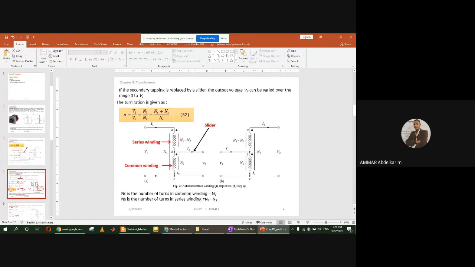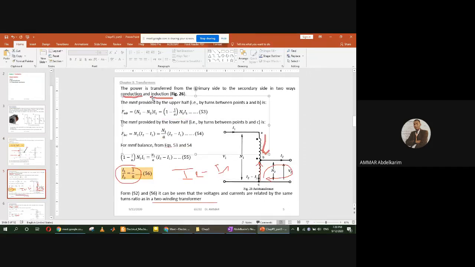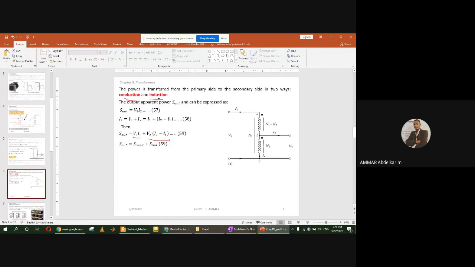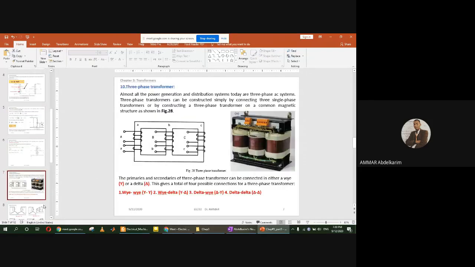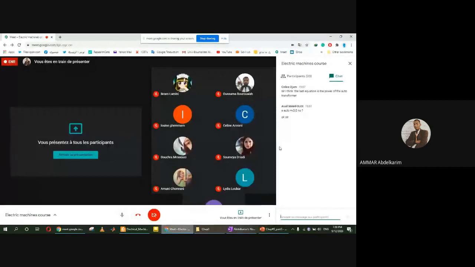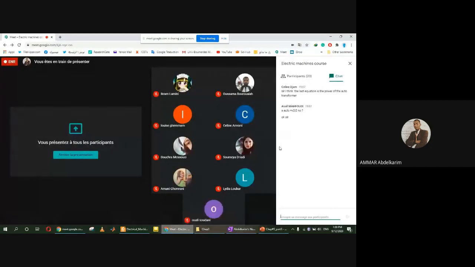And we see in this third part some special cases or special transformers, which are the autotransformer and the 3-phase transformer. This chapter may be the most important chapter in our module, I consider it.